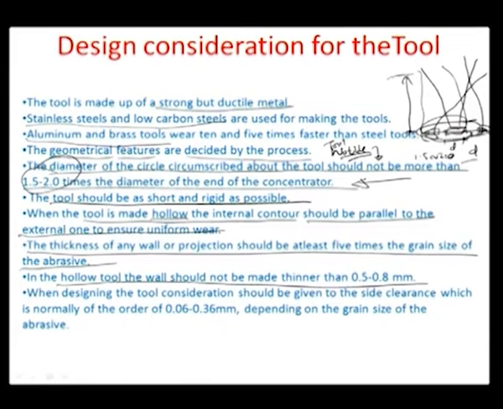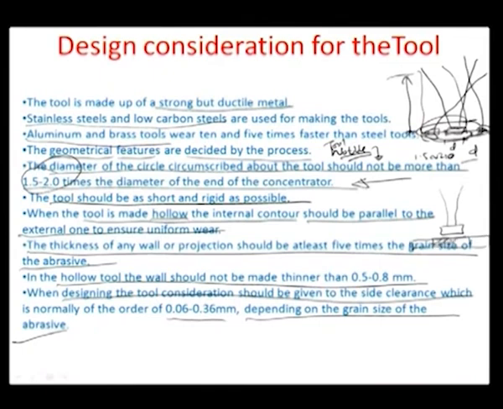When designing the tool, consideration should also be given to side clearance, which is normally of the order of about 0.06 to 0.36 millimeter, and this depends on the grain size of the abrasive. Let us say this is the tool, and the hole that you are about to make in the workpiece is slightly larger, as you can see here.